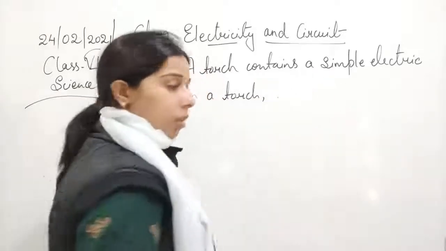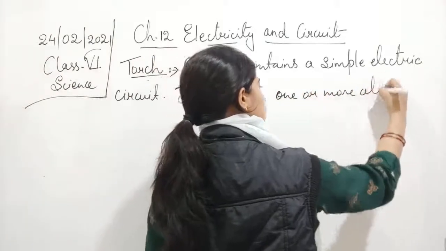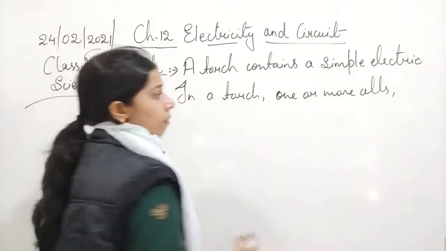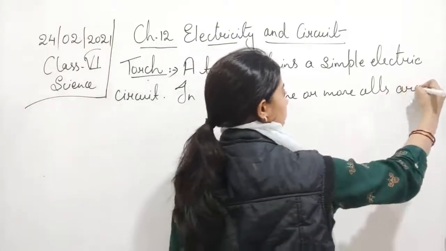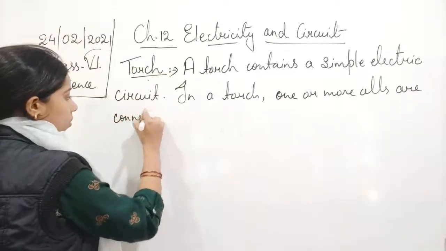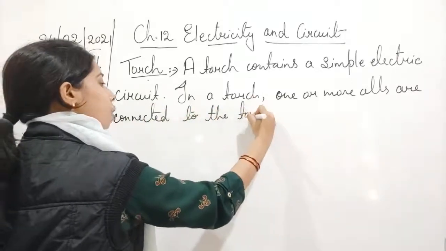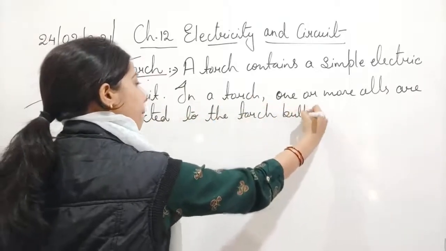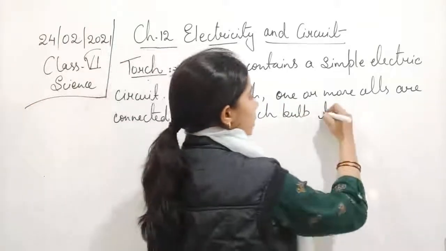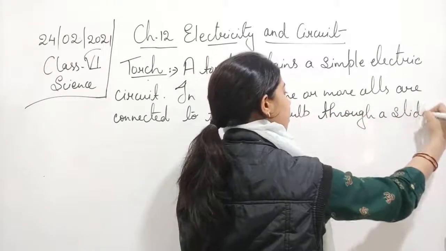One or more cells are connected to the torch bulb through a sliding switch.